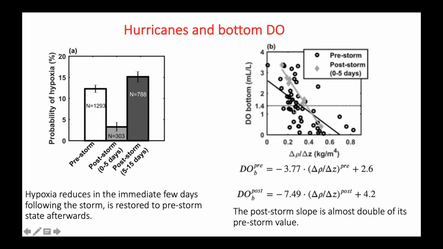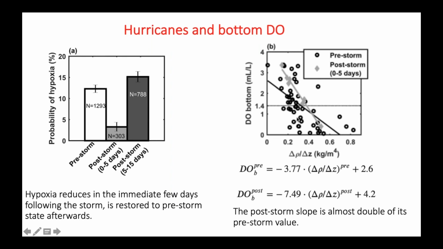The black circles are the pre-storm scatter, and in light gray you have the post-storm period, the 0 to 5 day period immediately after the storm.